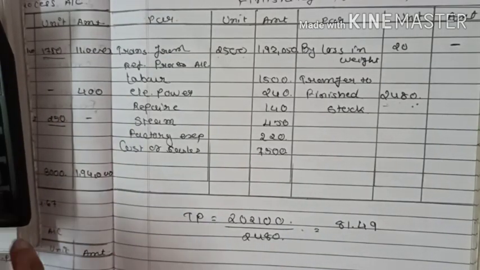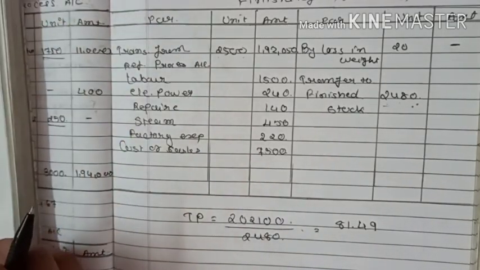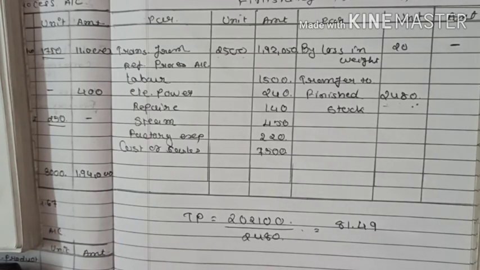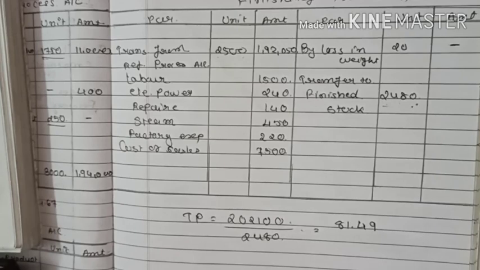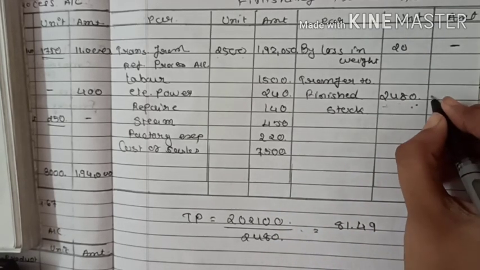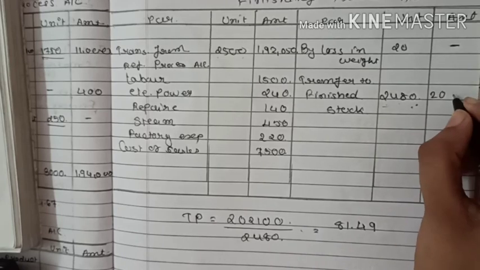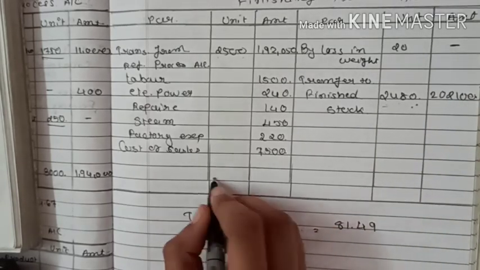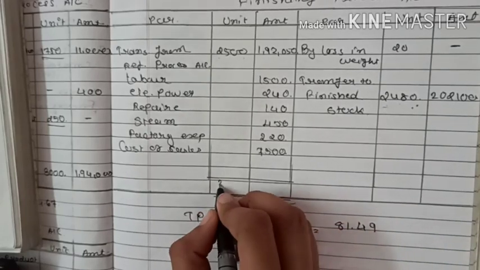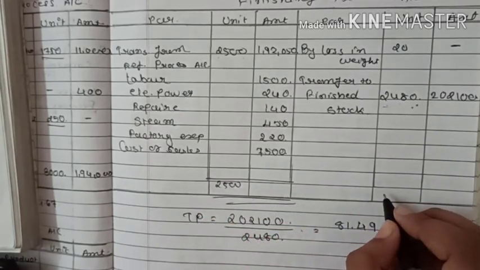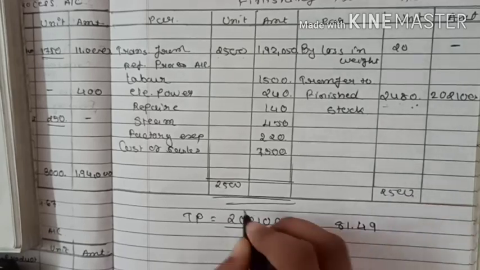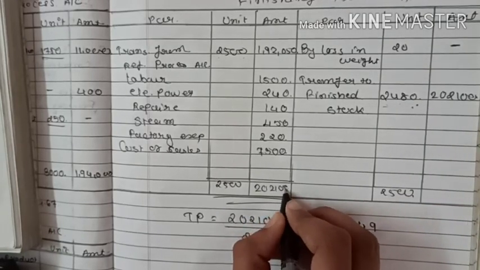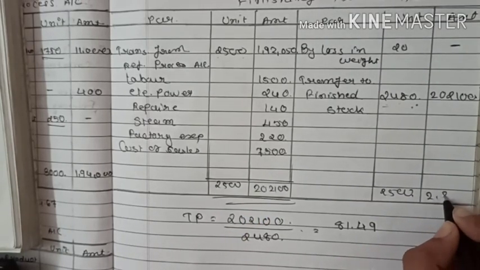So 2,480 into 81.49, we have figured out as 2,20,100. Let's close the account. 2,500, 2,20,100.